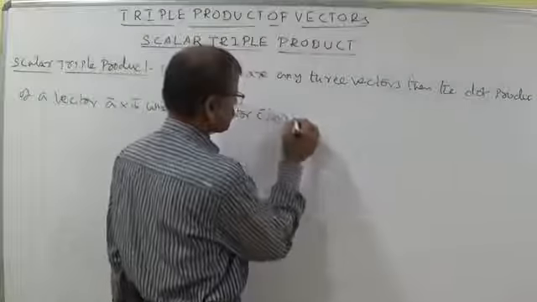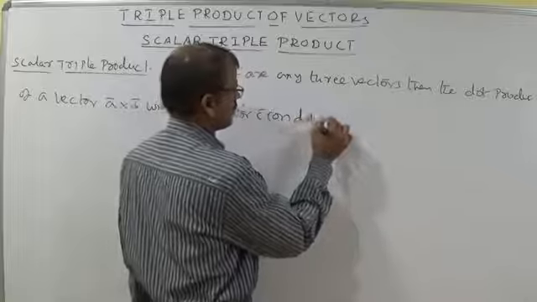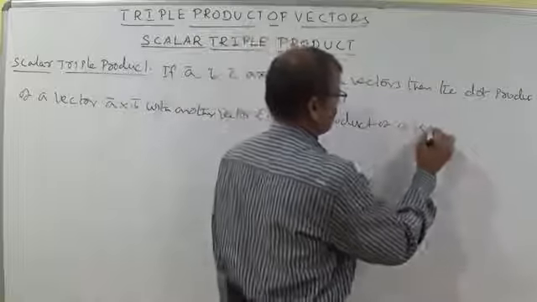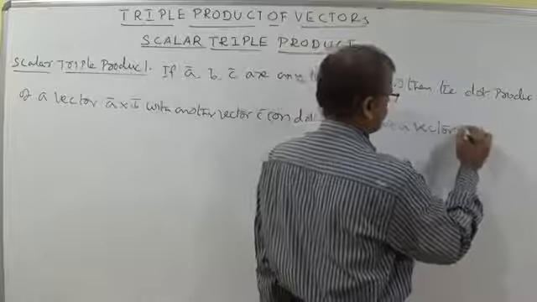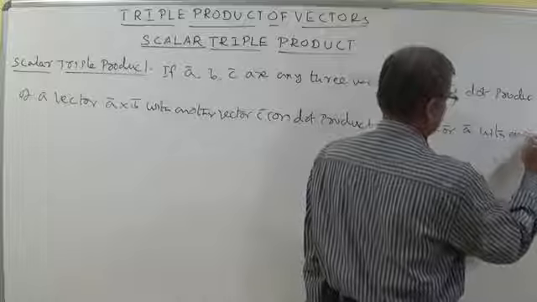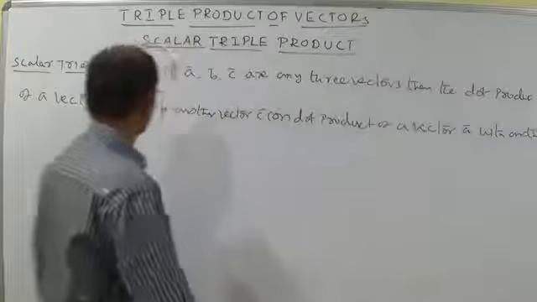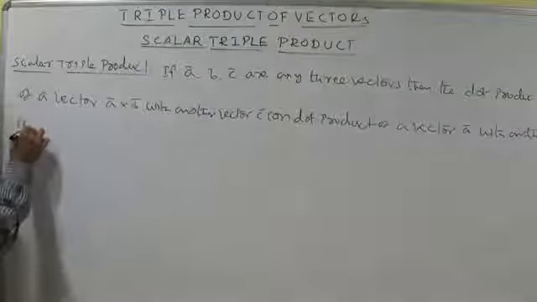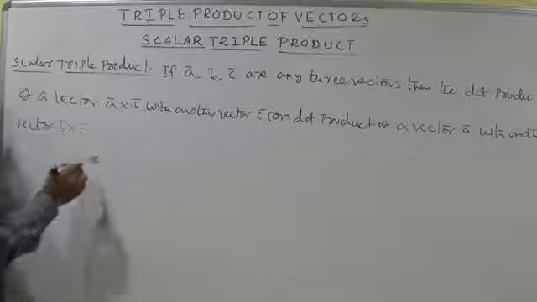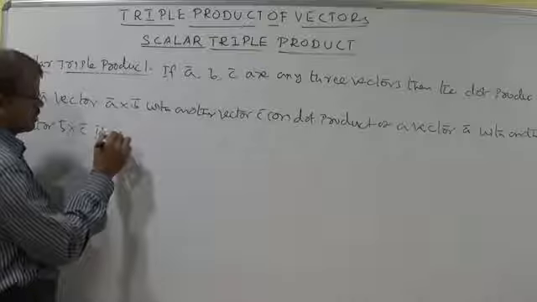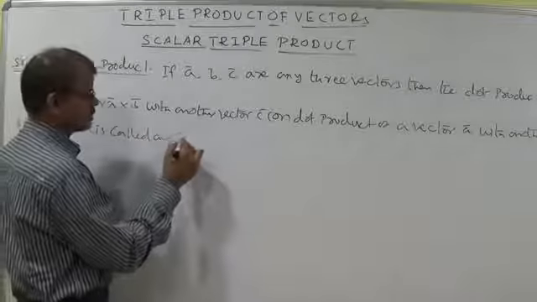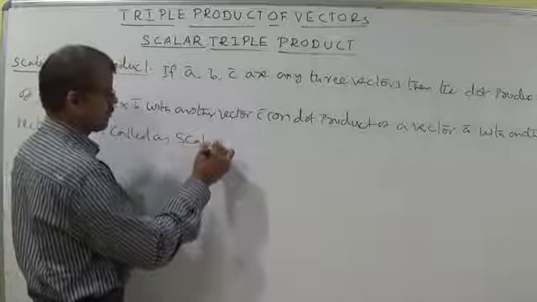R is the dot product of a vector A bar with another vector B bar cross C bar, and it is called as triple product, that too scalar triple product of vectors.